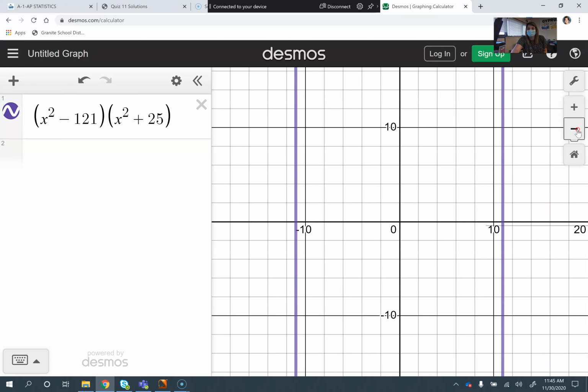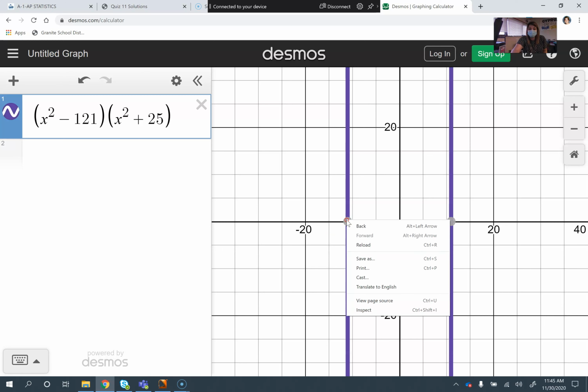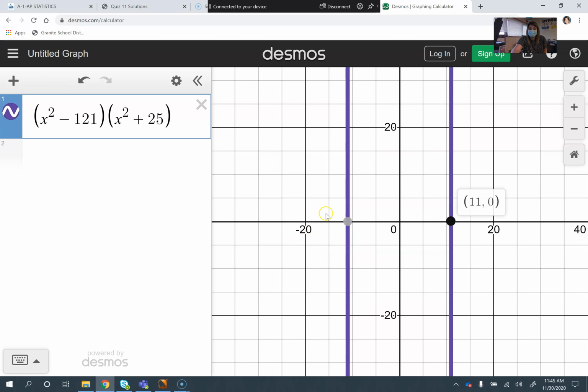Zoom out. What I want you to notice is you only see the 2 real roots. You only see negative 11 and 11, which means that you would need to know to fill into the imaginary one that there are 2 that you can't see.